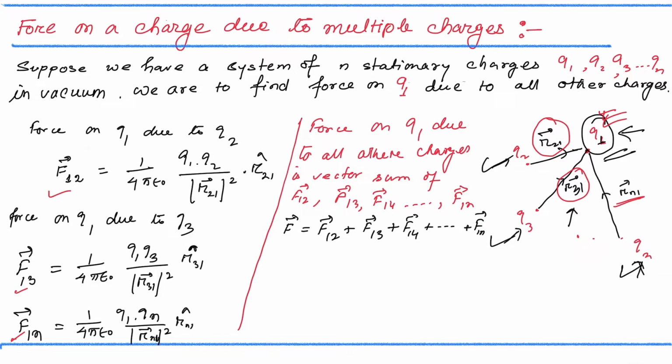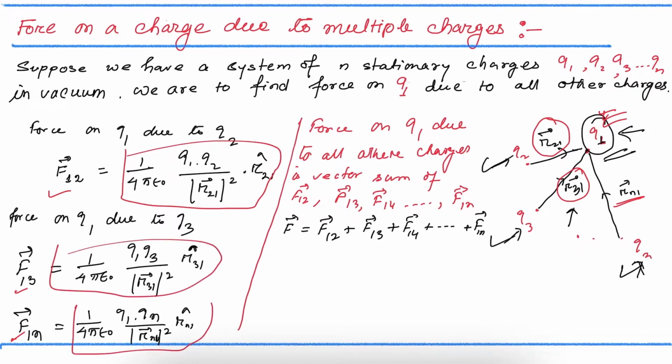So adding all these, we will get the total force on Q1 due to all other charges, right? So now what to do? If you put the values of F12, F13 up to F1n here, then what will you get?